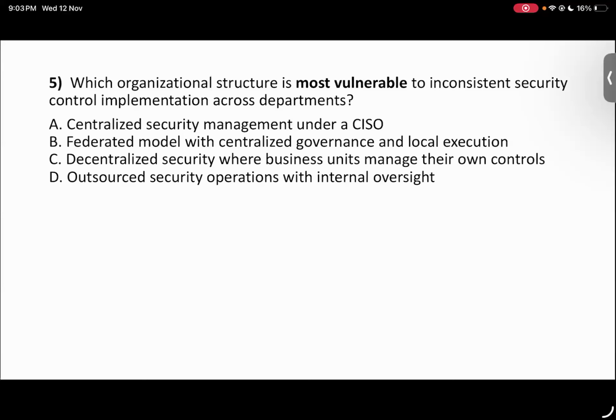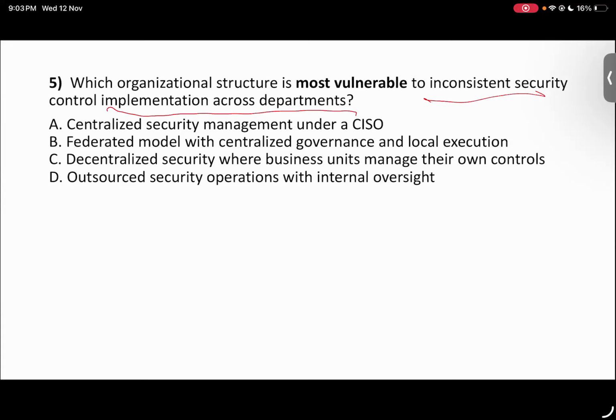Which organization structure is most vulnerable to inconsistent security control implementation across teams and departments? Centralized security management under the CISO, federated model, centralized governance with local execution, or decentralized security?